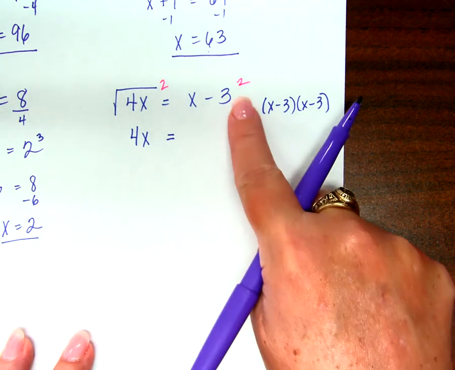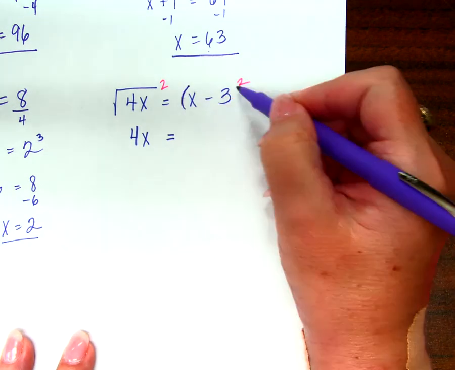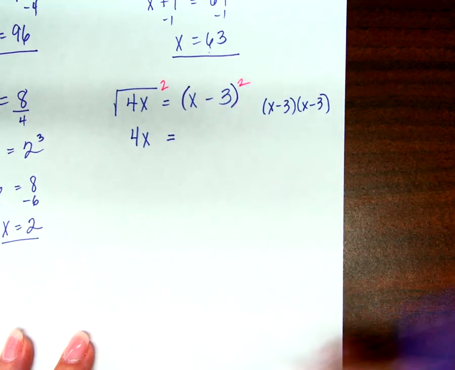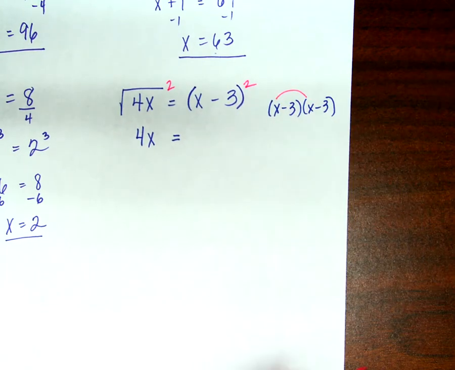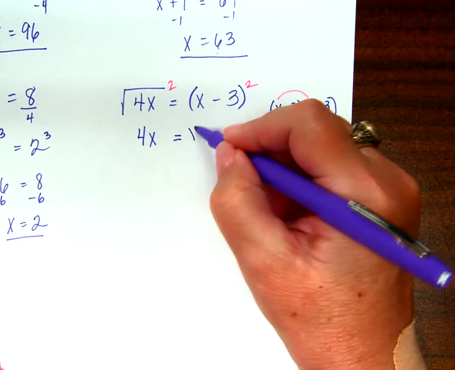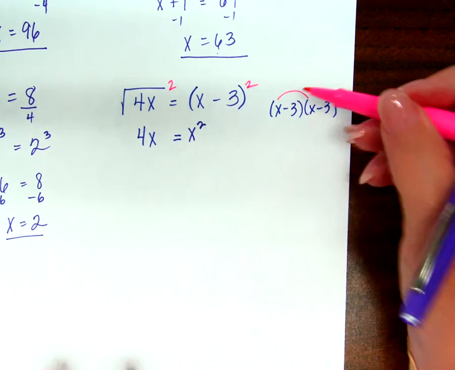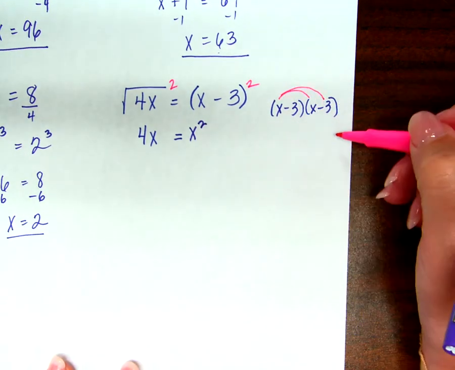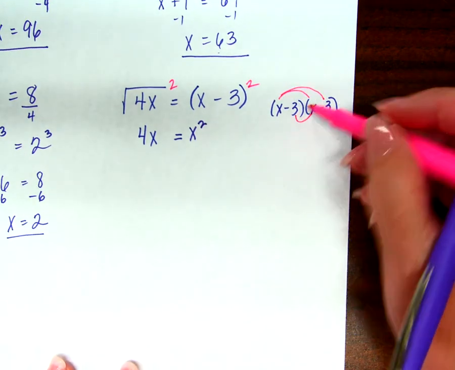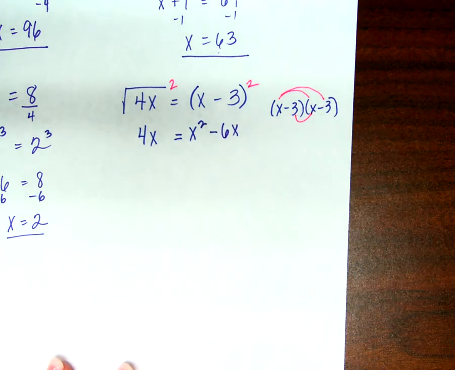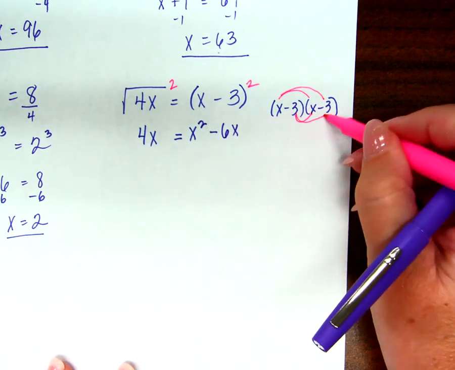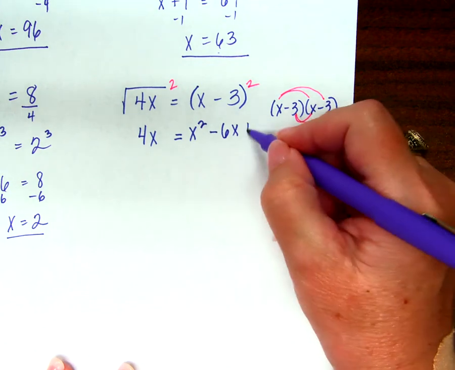If it's asking you to square it, you have to square the whole side. So if I go here, I get x squared. If I go here, I get minus 3x and minus 3x. What does that give me? Minus 6x. And then if I go here, I get plus 9.